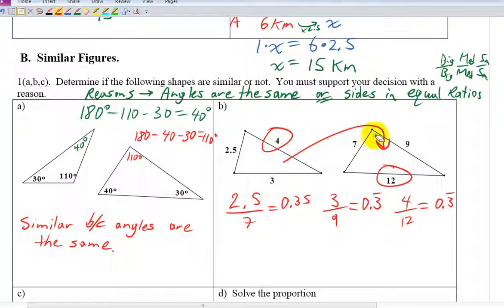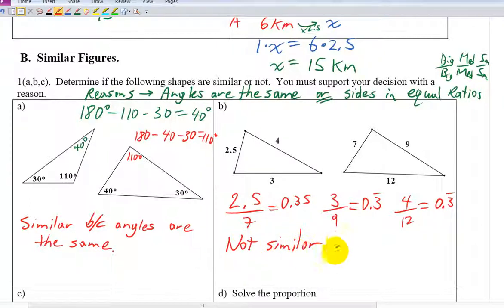Right? So the reason is no, they're not similar because the sides are not in the same ratio. Okay.